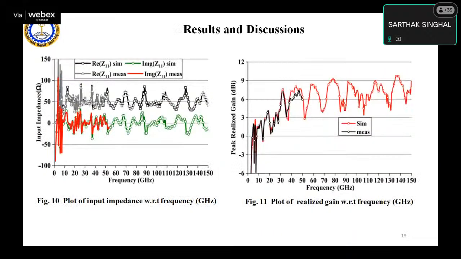Then this is your input impedance and the gain. As I said, we achieved a gain of nearly 10 dBi at around 140 gigahertz.